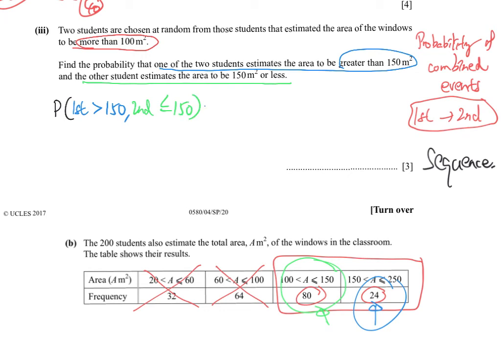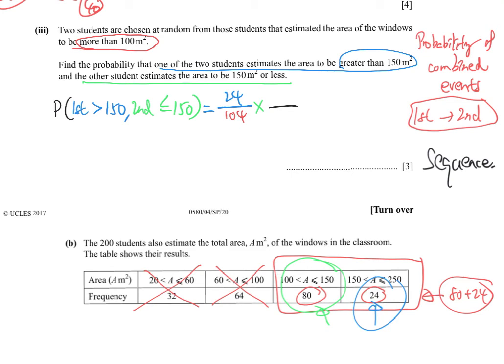If you think about it this way, remember the denominator must be the total of the pool. So it is 80 plus 24, so it's 104. And we want the first one to be more than 150, so it should be 24. But for the next one, when we take this out, the pool will be minus 1 because we already took one out from the red pool here.